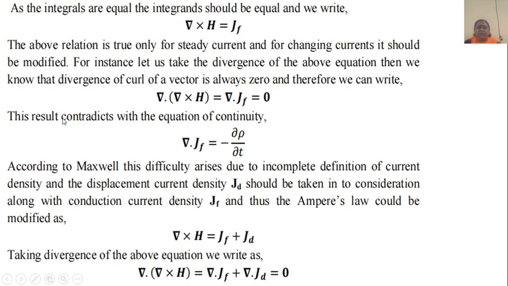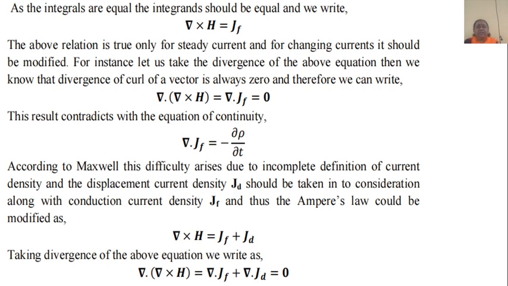We can write that the divergence of curl of a vector is always 0, and therefore del dot del cross H equal to del dot JF equal to 0. This result contradicts the equation of continuity, del dot JF equal to minus delta rho by delta T.